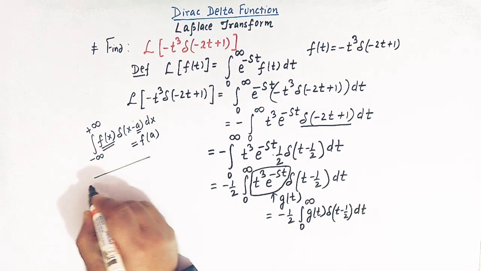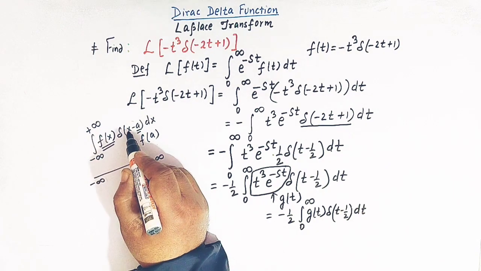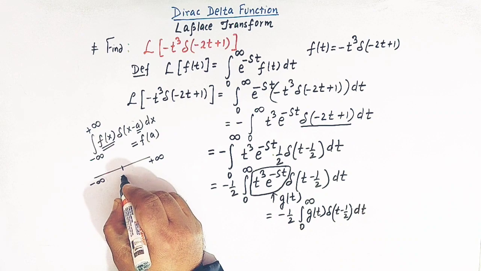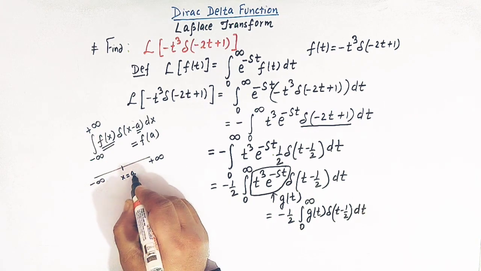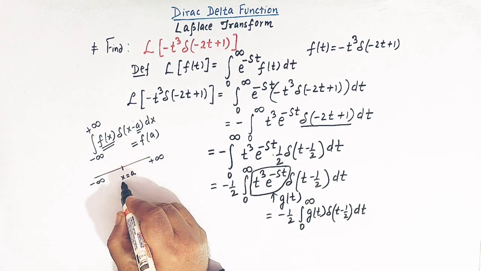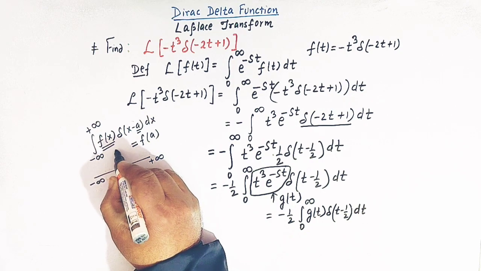Because we know that here we have minus infinity, here we have plus infinity, and here we have x minus a, and this point say it lies here, x is equal to a. So the delta function has the value at only this point, that is x is equal to a, right?